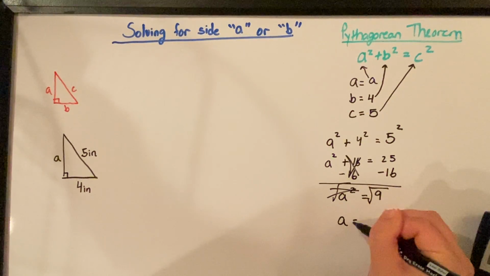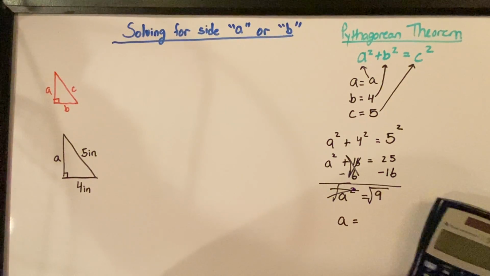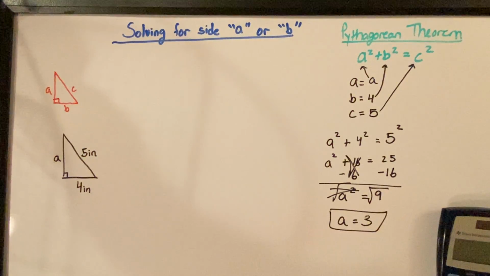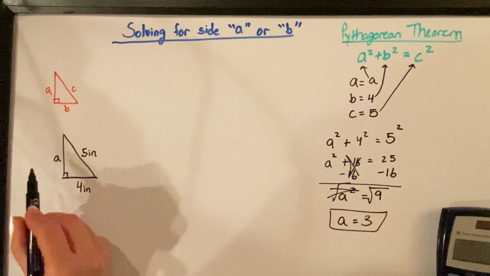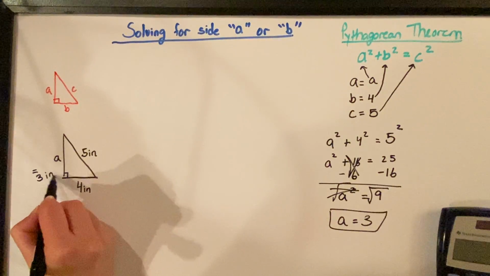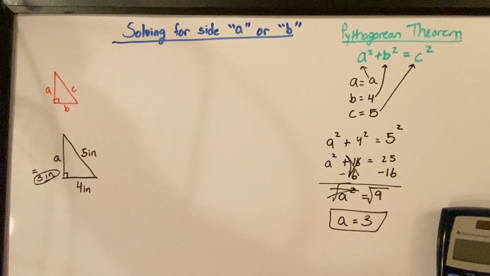So we are left with A equals the square root of 9, which you can find with your Desmos calculator or Google Chrome calculator, is 3. So there's my answer, A equals 3. Over here, A is 3 inches. And that's how you solve for A.